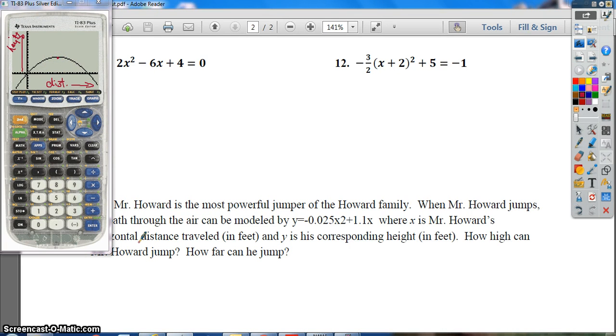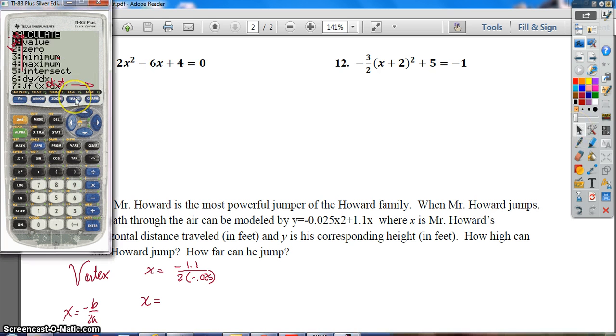So this is in standard form. You can solve for the vertex. Remember, x is equal to negative b over 2a. So we can very easily do this on the calculator two different ways. We can go negative 1.1 over 2 times negative 0.025. And I can also do it on the calculator straight up by going second trace.